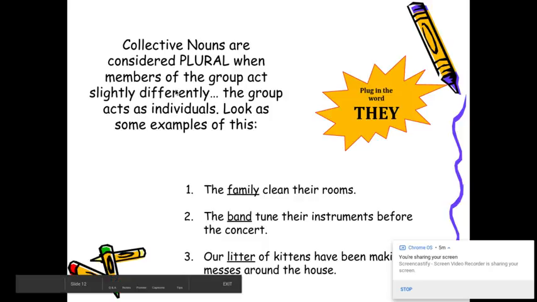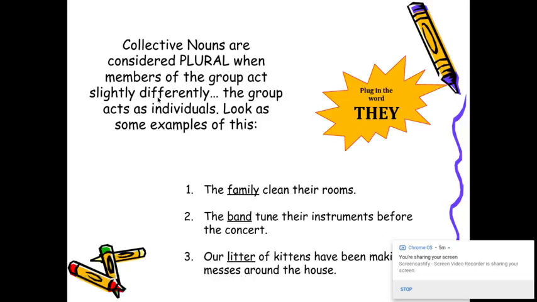Now, collective nouns are considered plural when members of the group act slightly differently. So there's still a group mentality, but there are slight differences in the actions as individuals themselves. So some examples here. Looking at "The family clean their rooms." I don't know about all of you, but if I have my family go clean their rooms in their house, everybody is going to be doing something slightly differently.